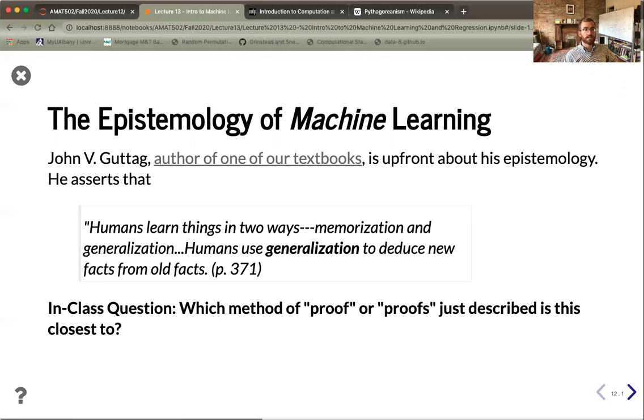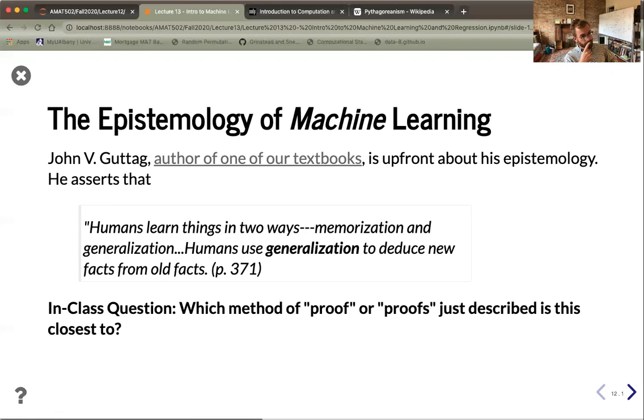Humans use generalization to deduce new facts from old facts. So I want you to take a moment to think carefully about which method of proof or proofs that I just outlined in Samkhya is Guttag implicitly using here. So take a minute to think about that.